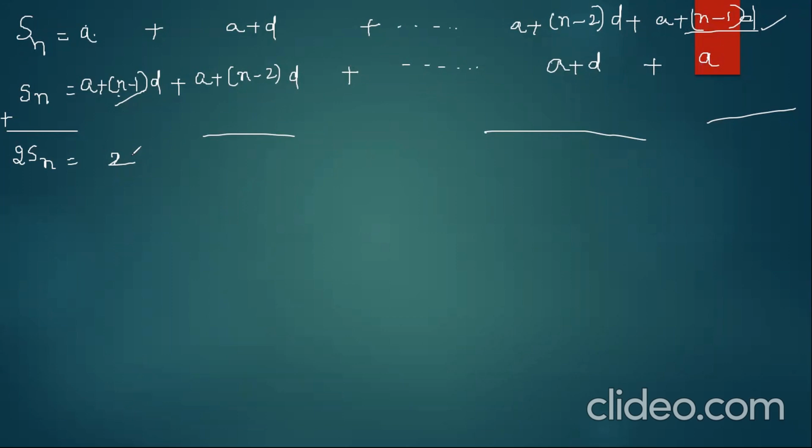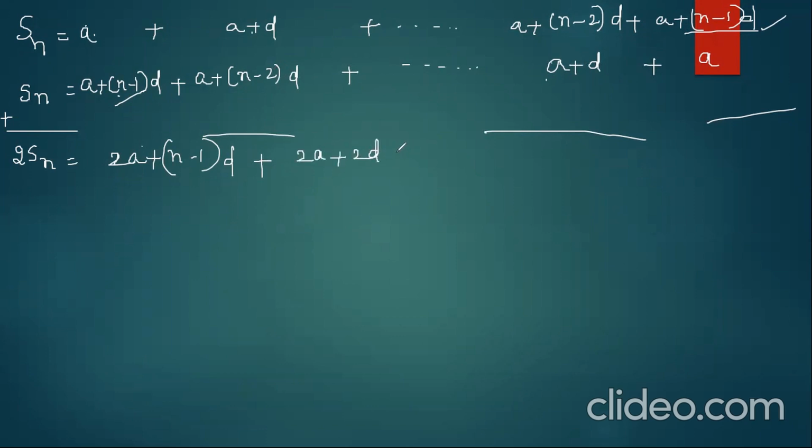Okay, 2 times 2A plus (n minus 1) into D. Again you observe A plus D and A plus D, also 2A plus 2D.